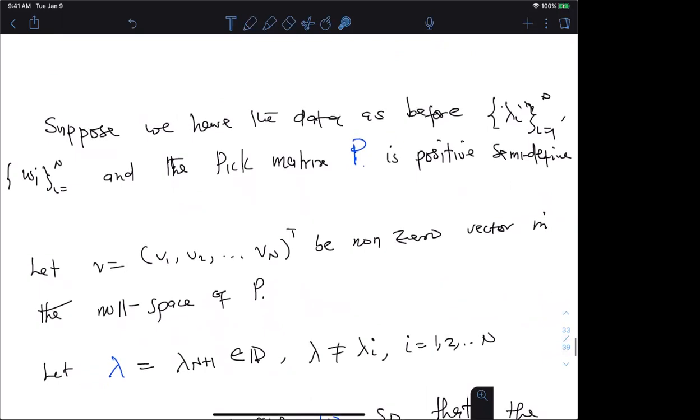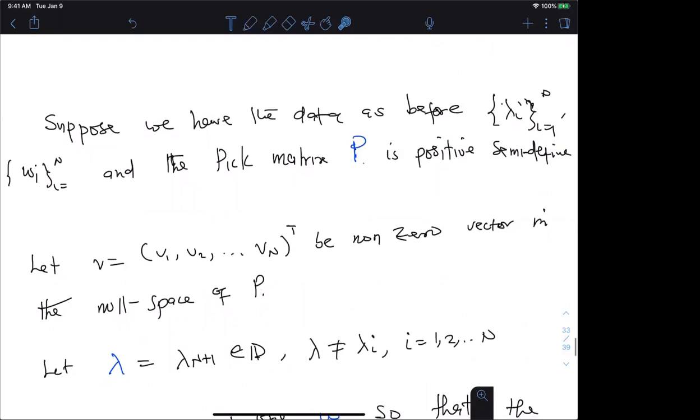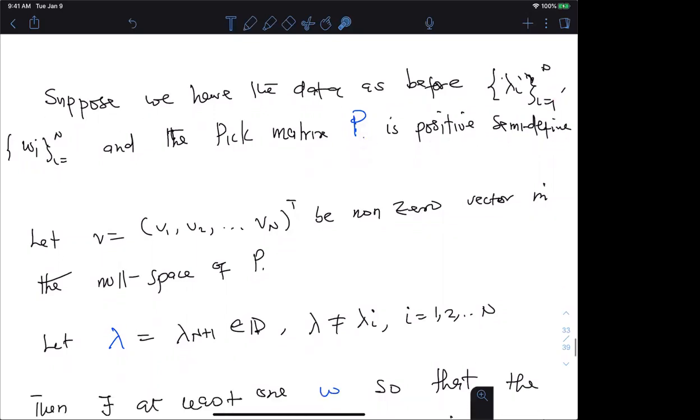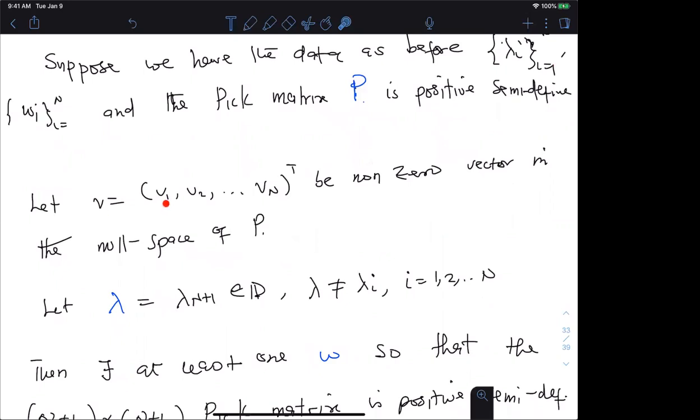Because of time, I will not be able to go through the whole proof, but let's look at some bullet points of the proof. Suppose we have the interpolation problem, lambda 1 through lambda n, omega 1 through omega n, with a Pick matrix which is positive semi-definite. And we let V be any non-zero vector in the null space of the Pick matrix.